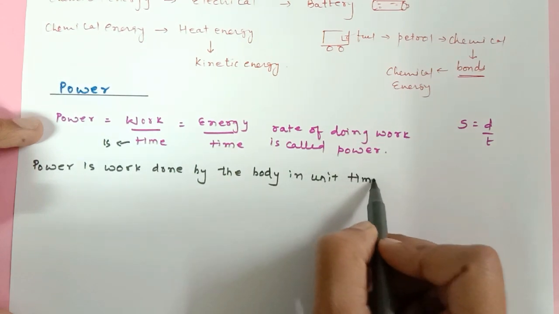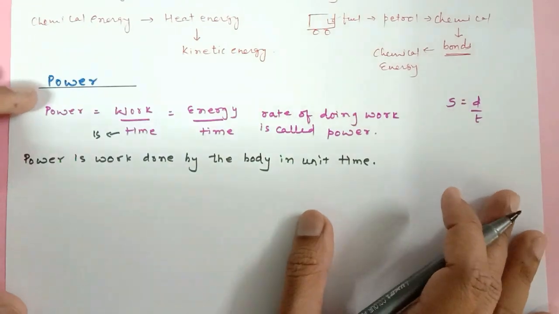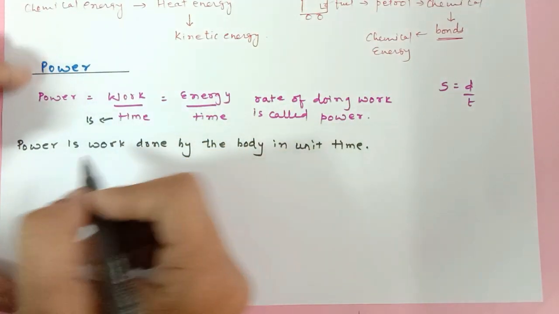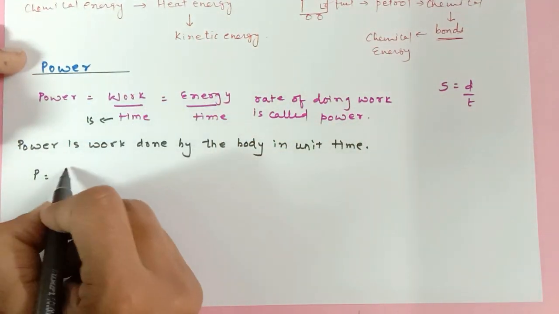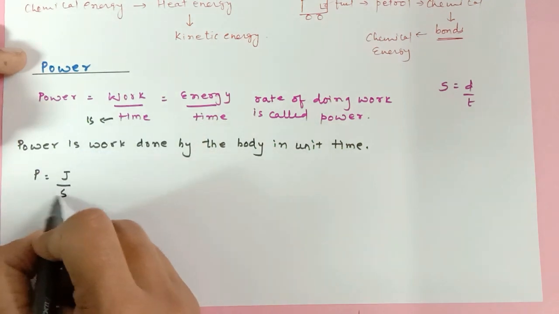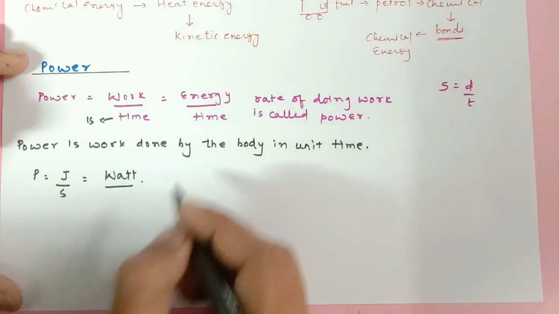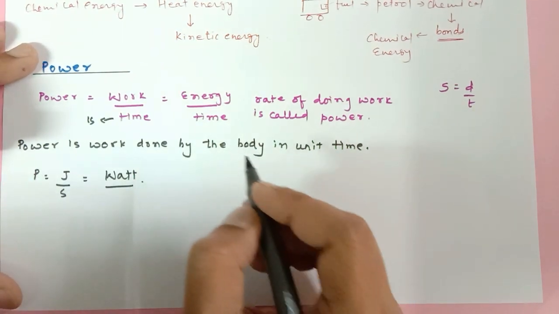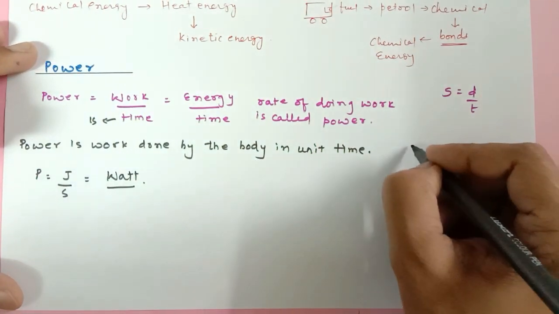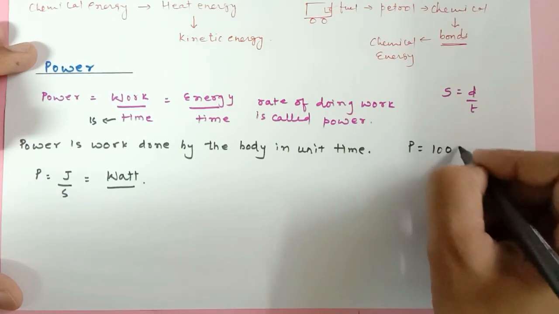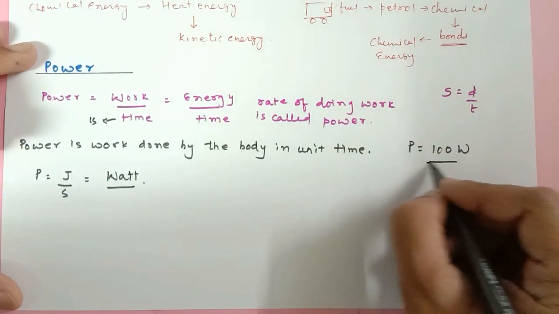Unit time means 1 second, correct? Okay, and now if we check the unit, then power is equal to work or energy, that is joule upon second, and joule upon second is called watt. Correct, people? So this is the SI unit. So if I want to write down that the power of a body is 100 watt, then I write 100 W, capital W. This is how we write it down.